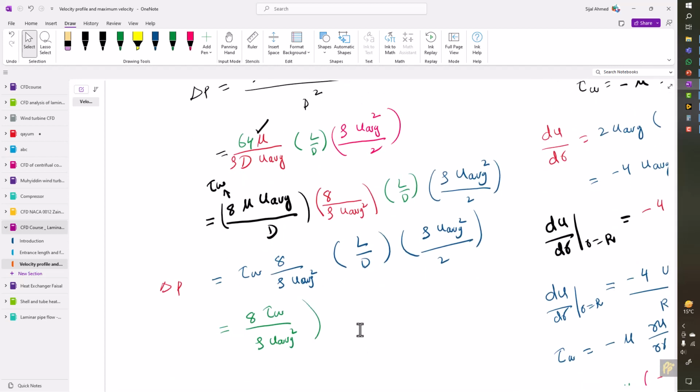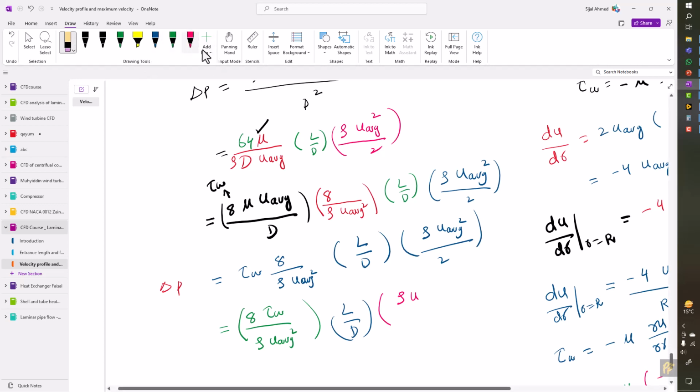The second term is going to be the same term, that is the L by D. And the third term is the 1 upon 2 rho U average square upon 2.